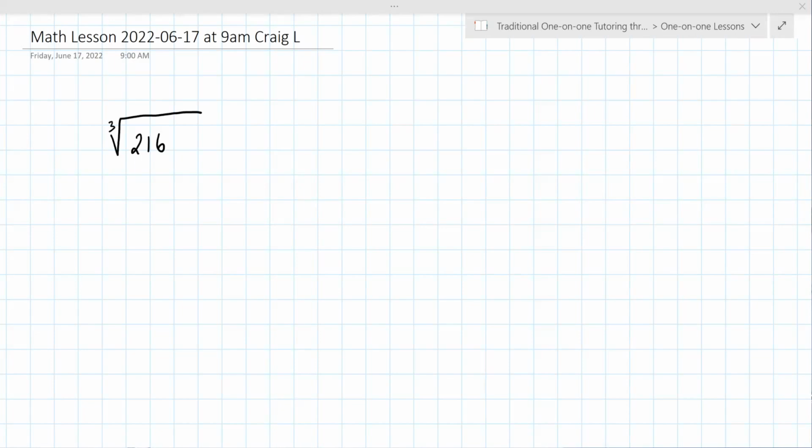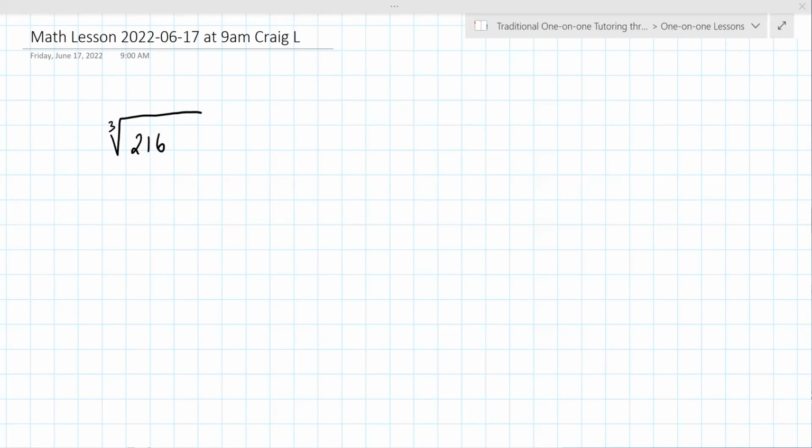This is a reference sheet that's all the cube roots you'll ever need to know for this. Let me go get that list. Just a moment here.